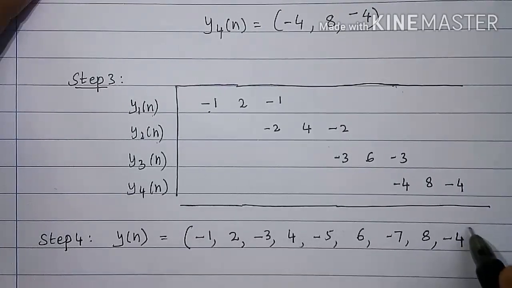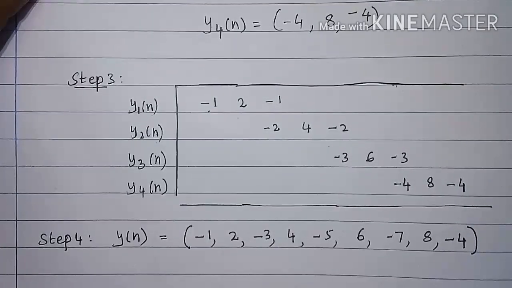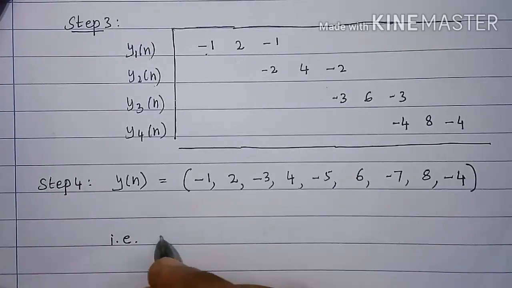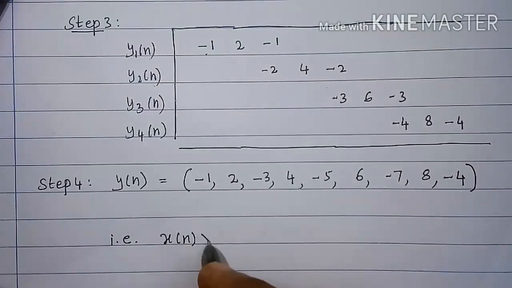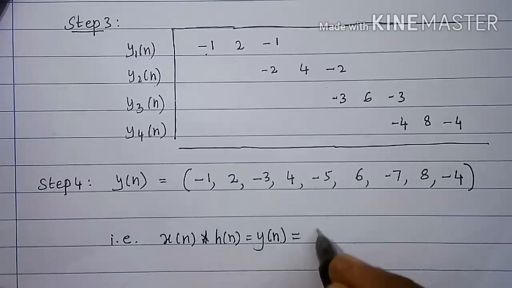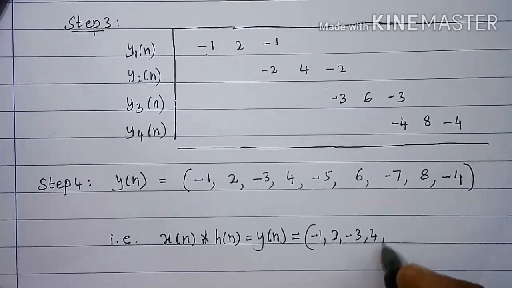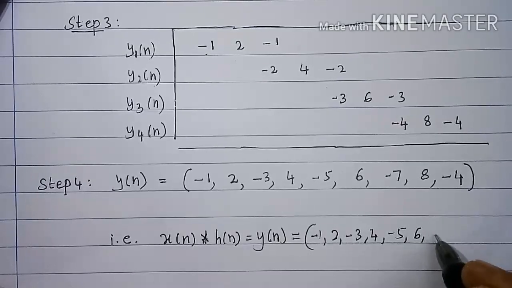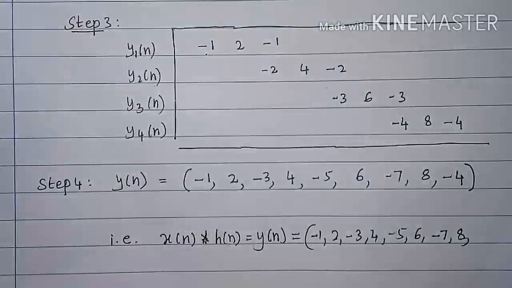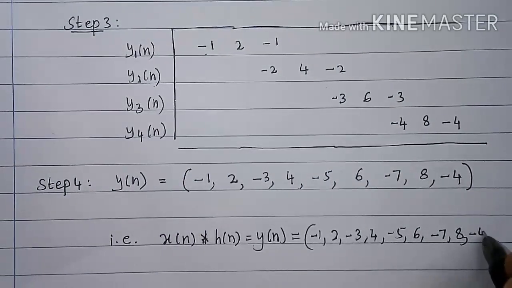Now this is required y of n. That is x of n convolved with h of n, which we called y of n, is equal to minus 1, 2, minus 3, 4, minus 5, 6, minus 7, 8, minus 4.